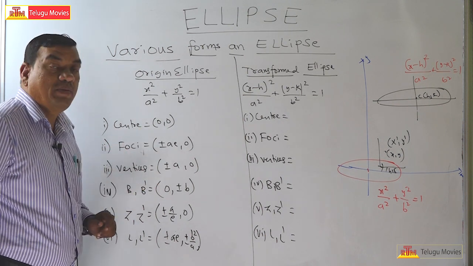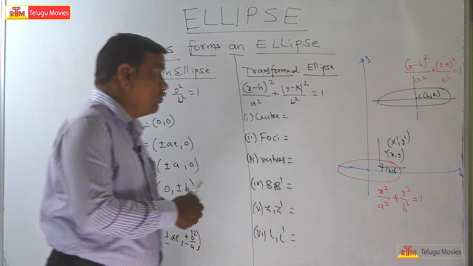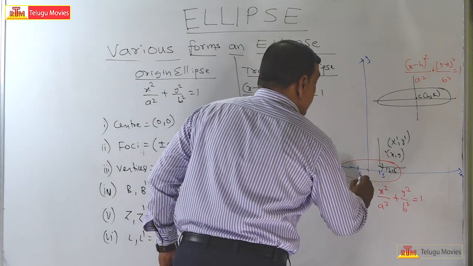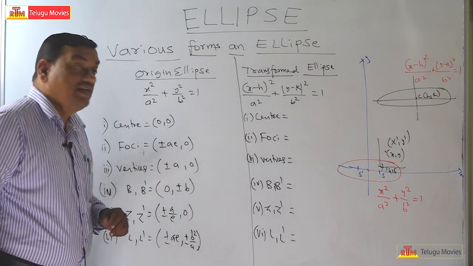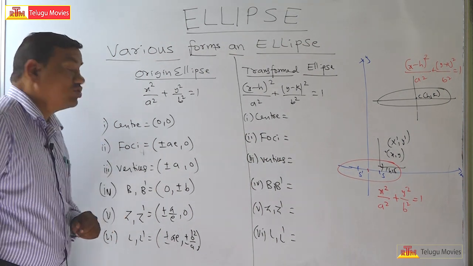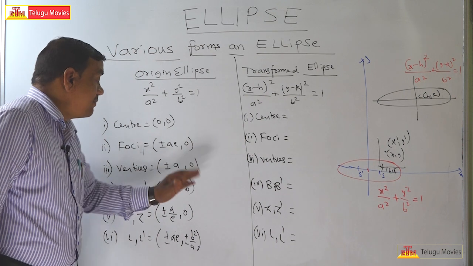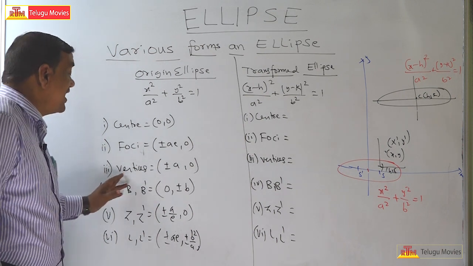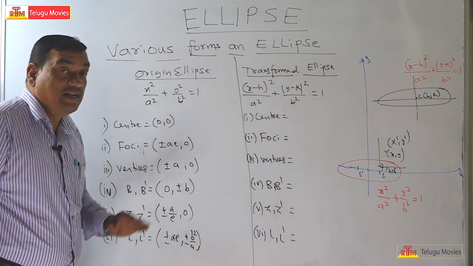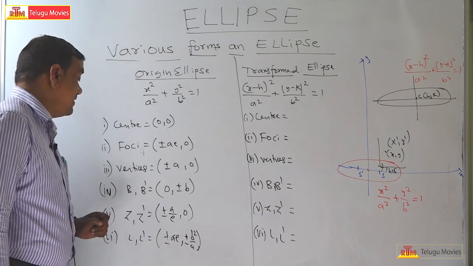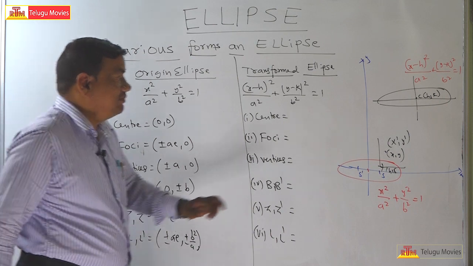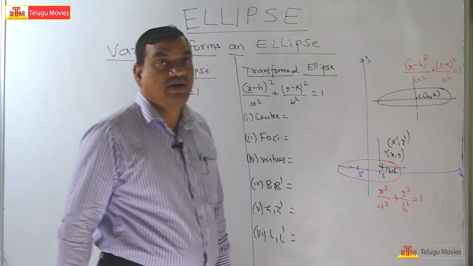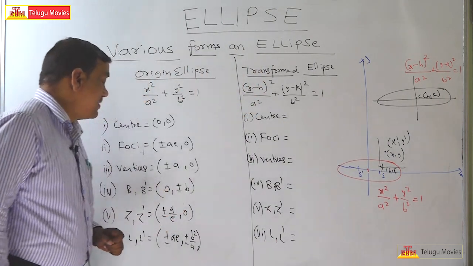There will be two foci, S and S dash. The coordinates of the foci are plus or minus AE comma 0. The coordinates of the vertices, that means the endpoints of the major axis, are plus or minus A comma 0. B dash means the endpoints of the minor axis, 0 comma plus or minus b.